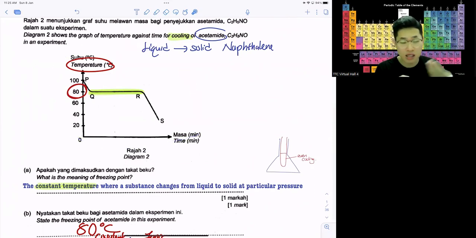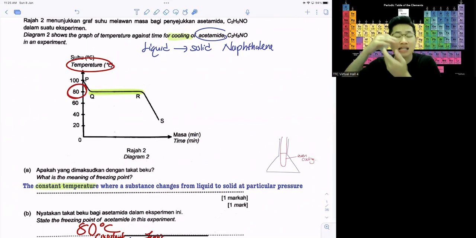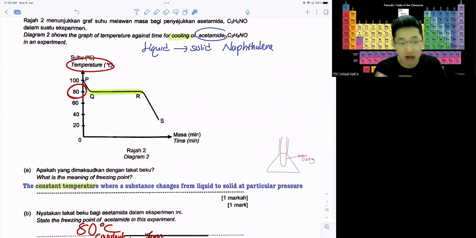Do you put this into the fridge? No, right? Then it won't go to 0 degrees Celsius, right? Unless it is a special experiment, they give you the graph already. It starts from 0, then 你就会看到有 0.